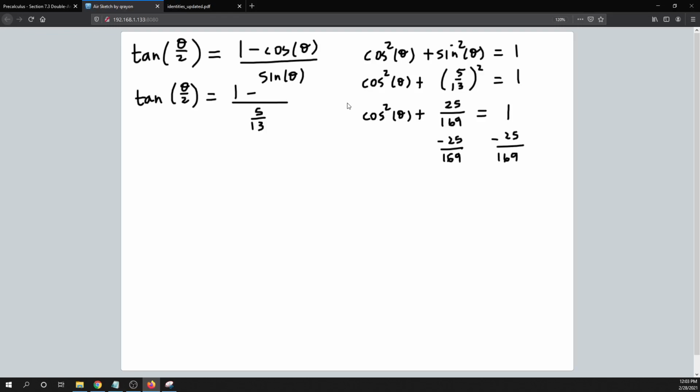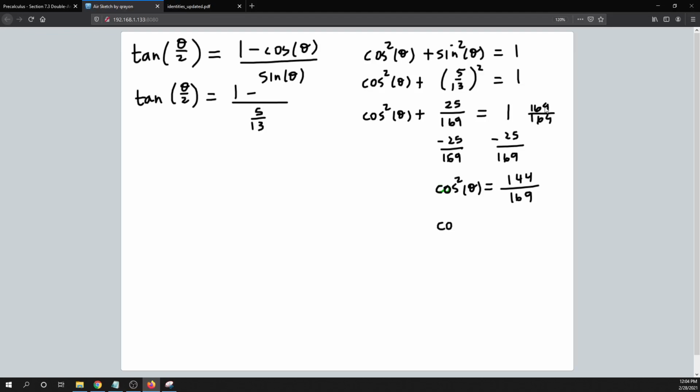On the left side, I get cosine squared theta. All right, so that would be 169/169, converting 1 to 169/169 so that I can subtract these. And then I get 144 over 169. Okay.